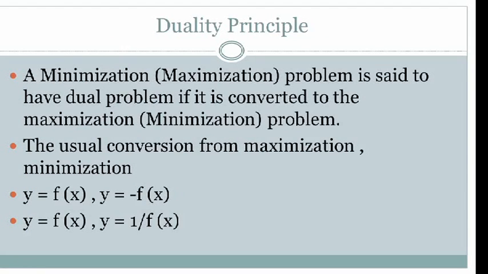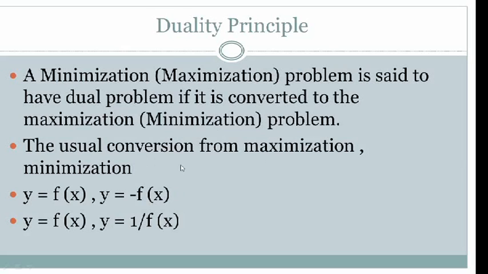Now as we have discussed, John von Neumann started the principle of duality. And what is it? A minimization or maximization problem is said to have a dual problem if it is converted to a maximization or minimization problem. If it is minimization, it is converted to maximization, and if it is maximization, it will be converted to a minimization problem.